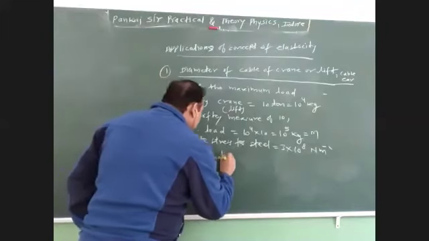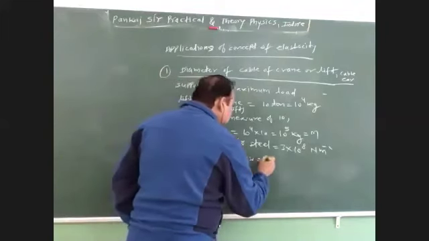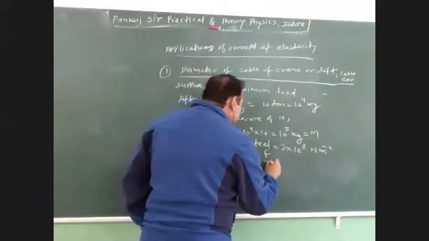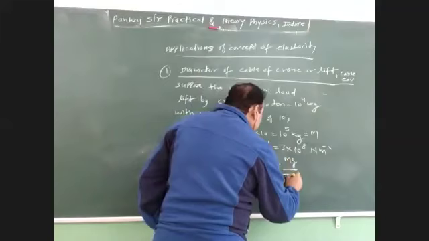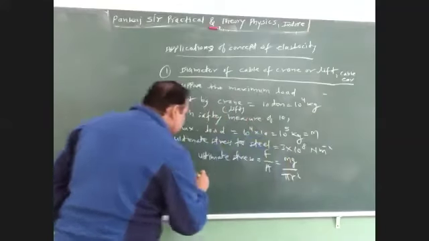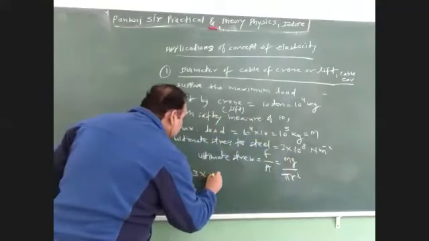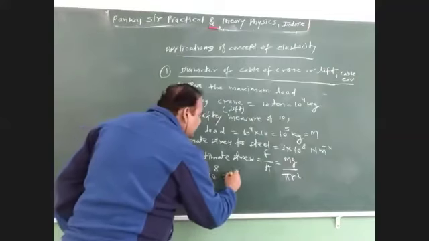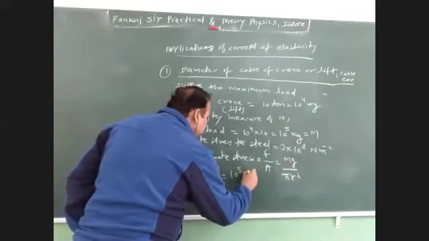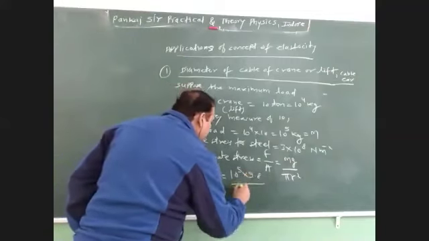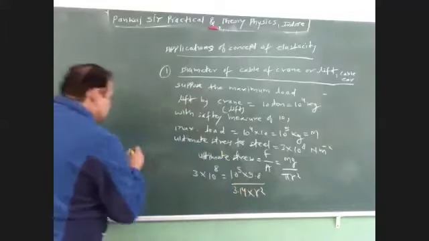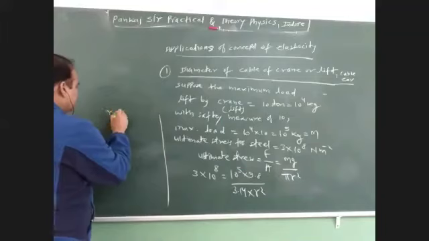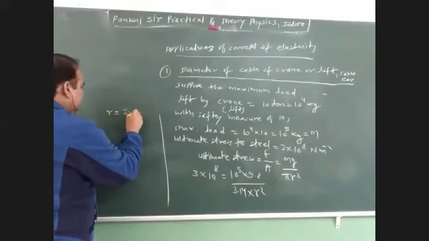We know ultimate stress. So stress is force upon area. Force is mg and this is pi r square. So ultimate stress is 3 into 10 to the power 8. Mass is 10 to the power 5. g is 9.8. Pi is 3.14 and this is r square. Okay बच्चों? So r यहाँ पर आता है आपका 3.2 सेंटीमीटर.